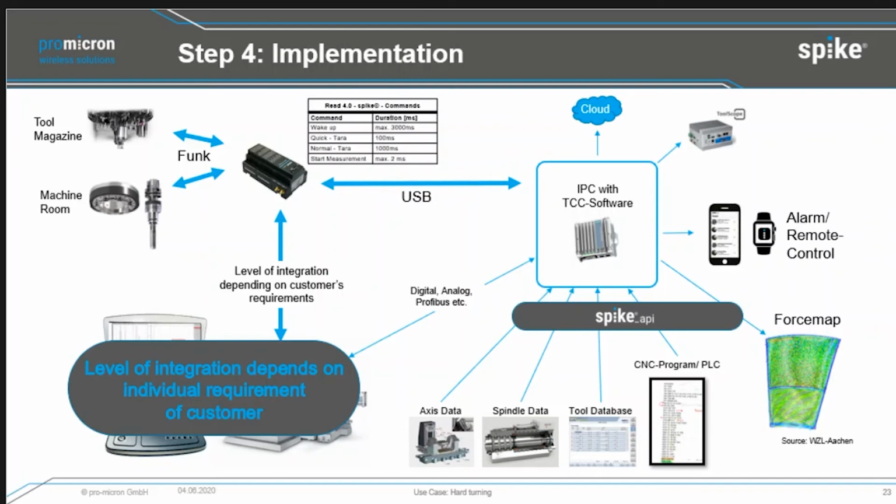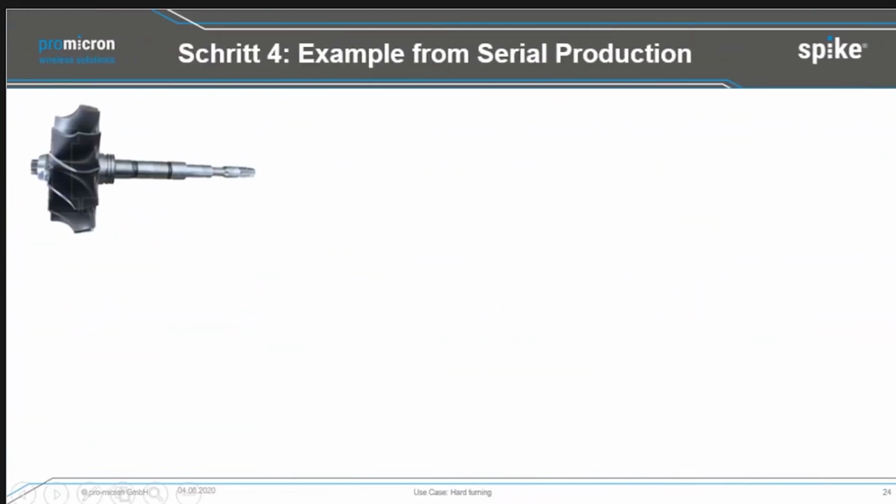So you need to tell us how integrated the system should be. Is it enough to just give digital or analog signals back to the machine? Or do you need a combination with the NC program or the tool database whatsoever? So it is possible, but it depends on your demands.